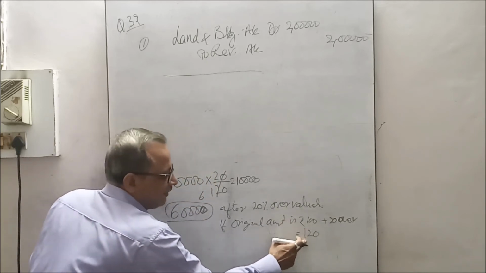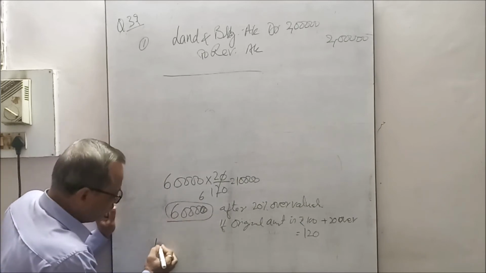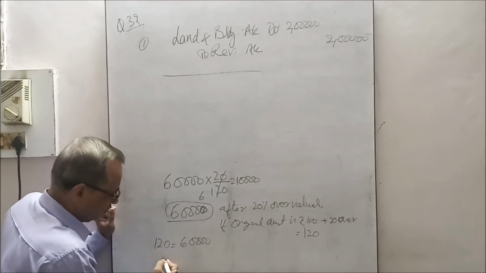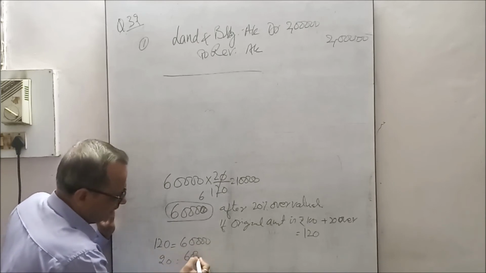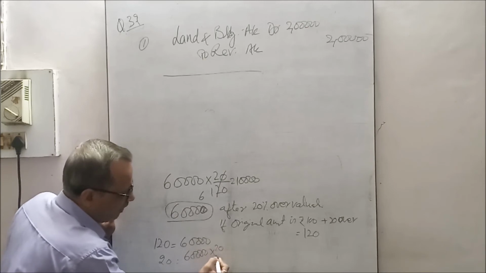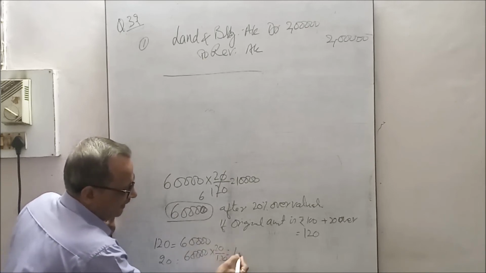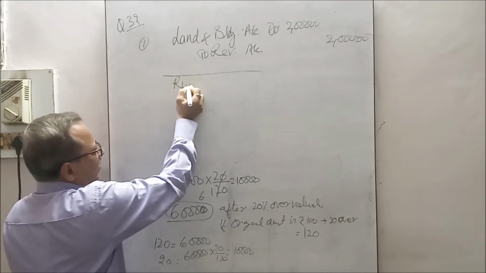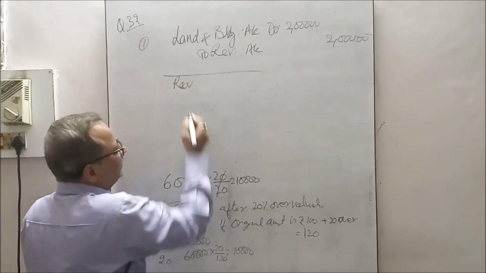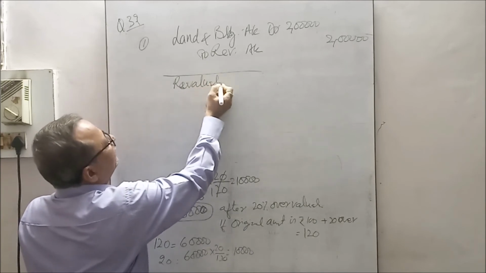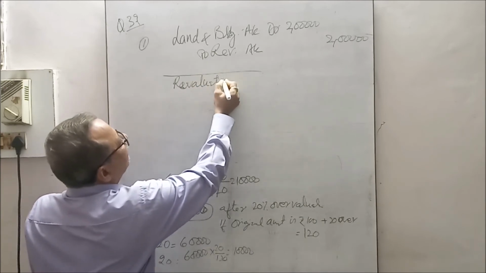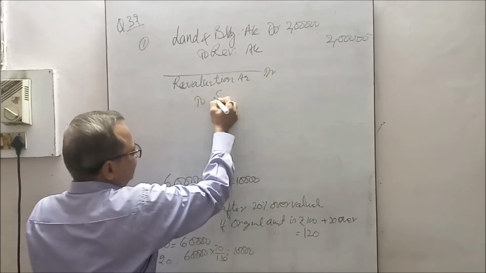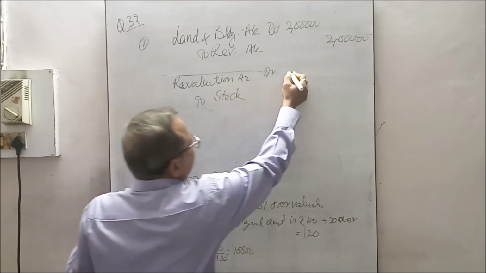At this value it is appearing here. So 120 is equal to 60,000. Then 20 is equal to 60,000 into 20 upon 120, which is 10,000 increased value. Here it should be decreased. Revaluation account debit to stock, 10,000.